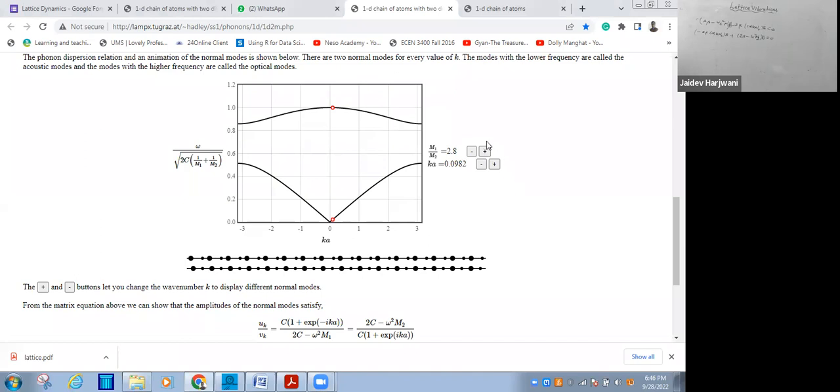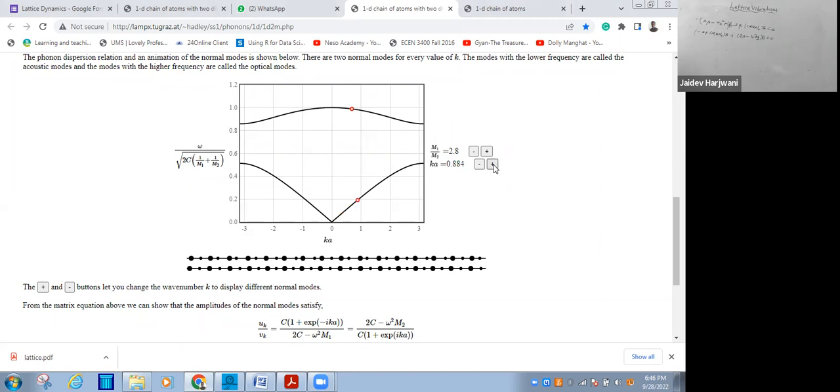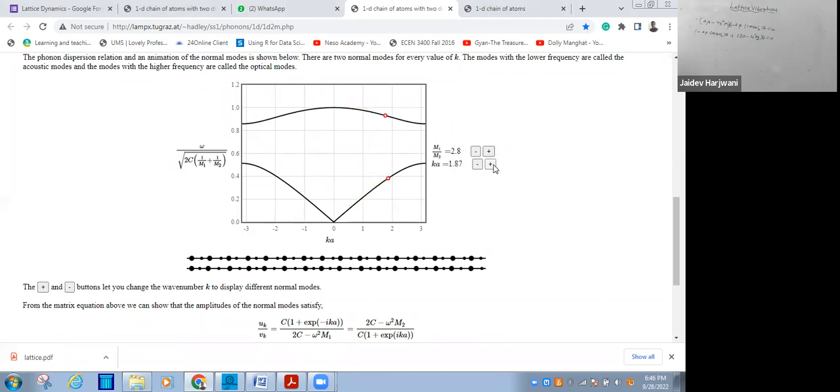Now I'm going to the boundaries. What is happening? Can anyone tell me? Both acoustic and optical are moving in opposite directions.